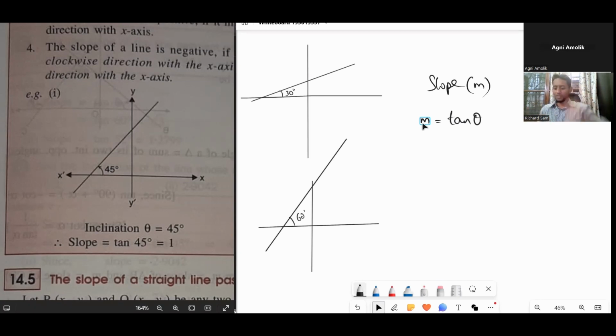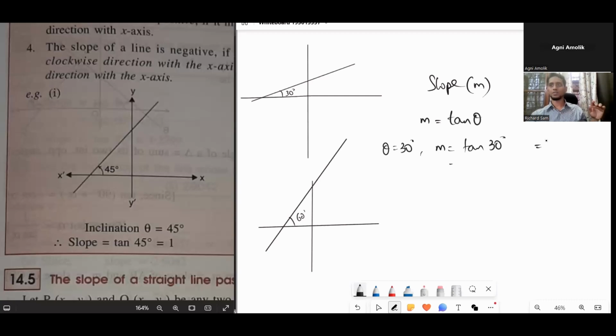Now I'm going to show you these values using a formula. The formula to find the slope is tan theta. Let's take theta as 30 degrees. So m is equal to tan 30. What is tan 30? Remember the table we learned in heights and distances? Tan 30 is 1 by root 3.